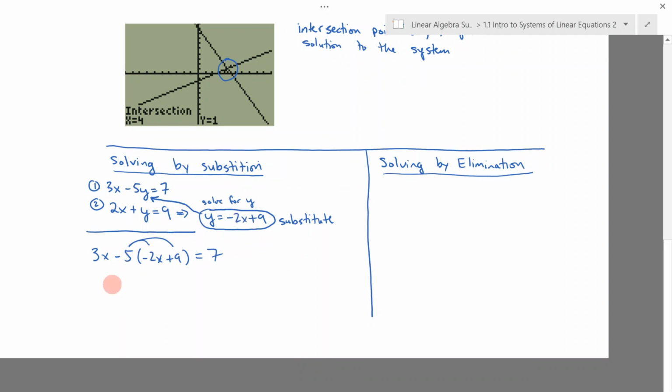So I distribute the minus 5, so I get 3x, and this becomes plus 10x minus 49 is equal to 7. I can combine like terms, so that's 13x. This 49 adds over to the right side, so 7 plus 49 is 56.